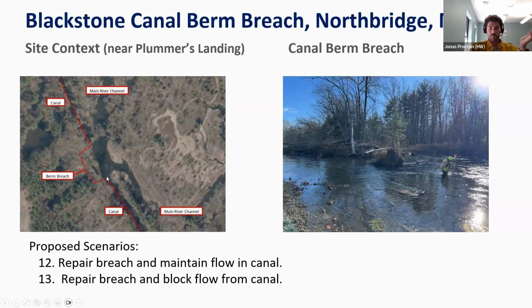So an alternate approach would be to build the blockage or repair the berm more in a diagonal fashion, essentially blocking off flow into the canal and building up against the berm.